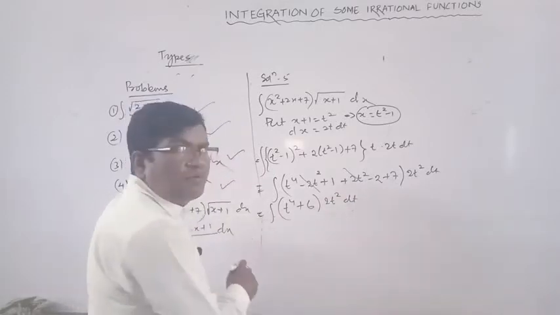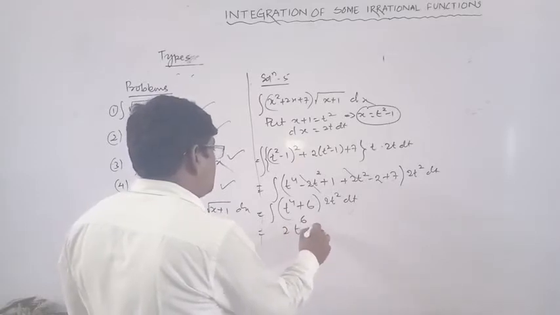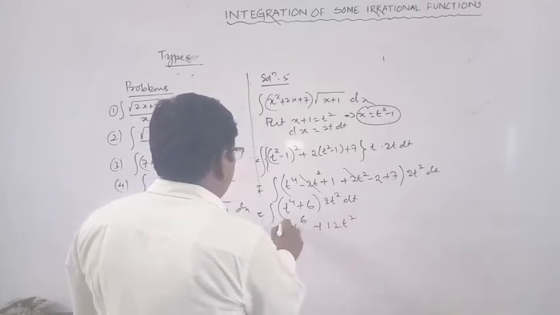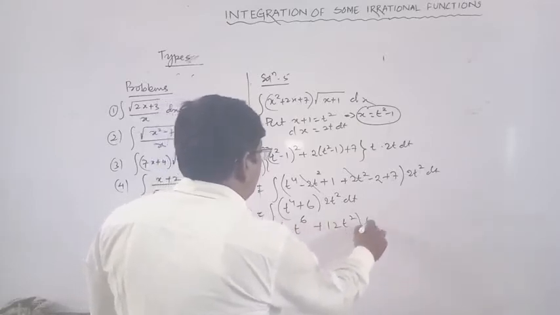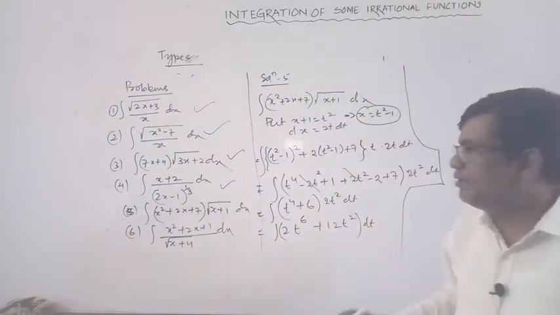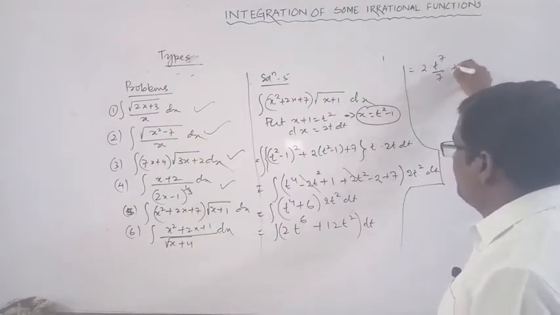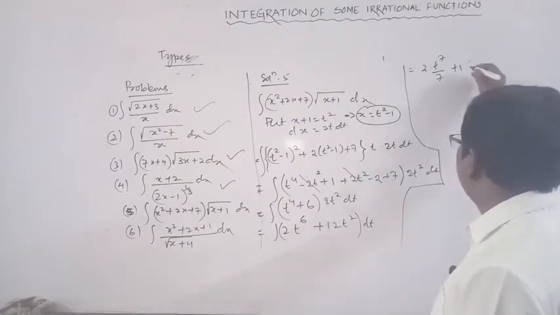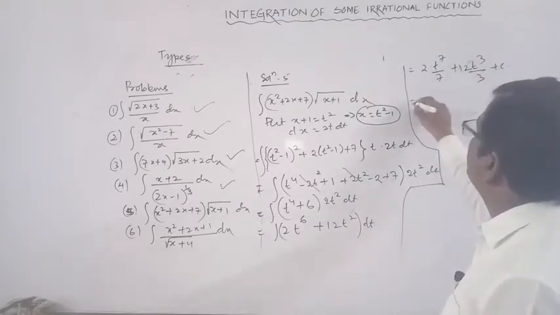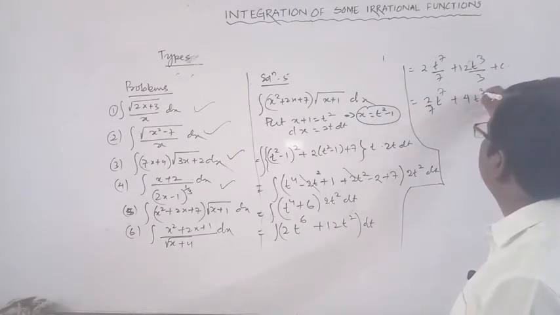So this is equal to 2 into integration of (t⁶ + 12t²) dt. Now this is equal to 2 into (t⁷/7 + 12 into t³/3) + c. So 2/7 into t⁷ + 4 into t³ + c.